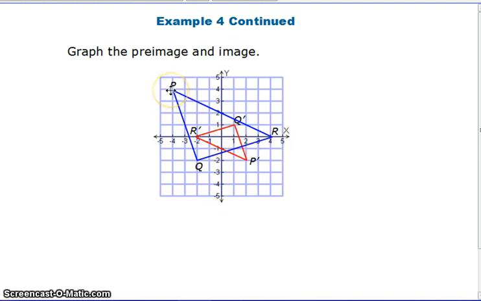So P shrunk by half and then rotated, right? Q shrunk by a half and then rotated, right, to this position here. R shrunk by a half and rotated. And so we have this really interesting new image.